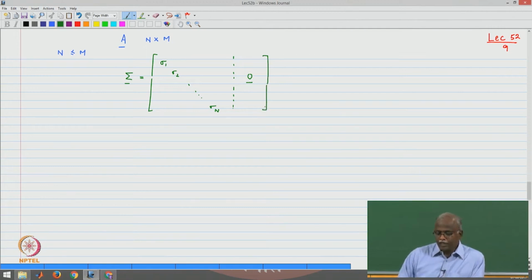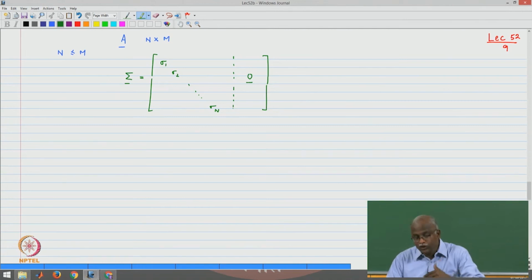You would have the n non-zero eigenvalues represented along the diagonal, and then the 0 elements.